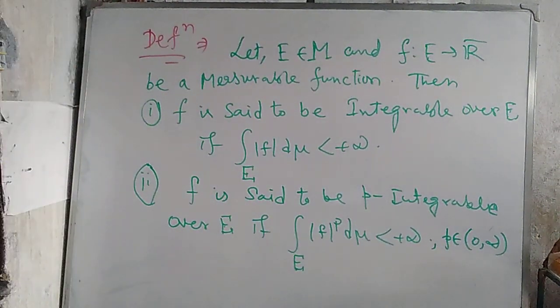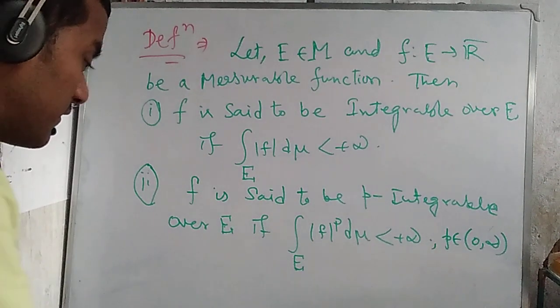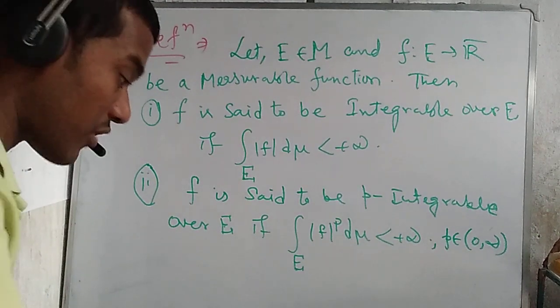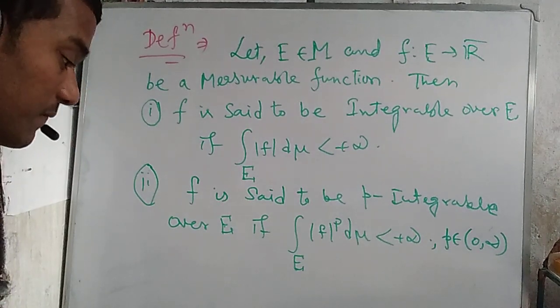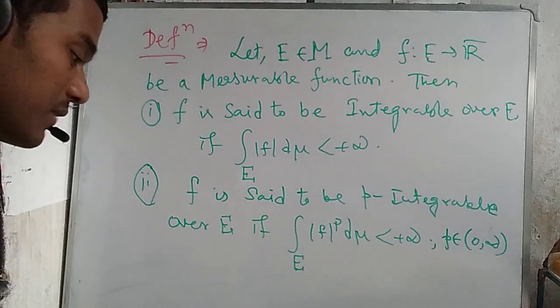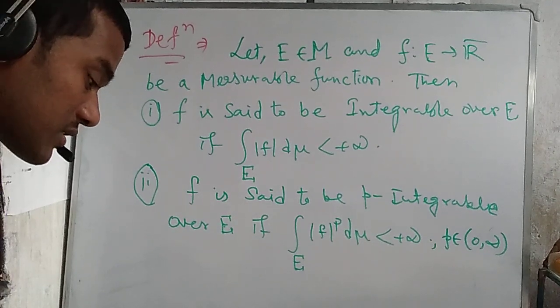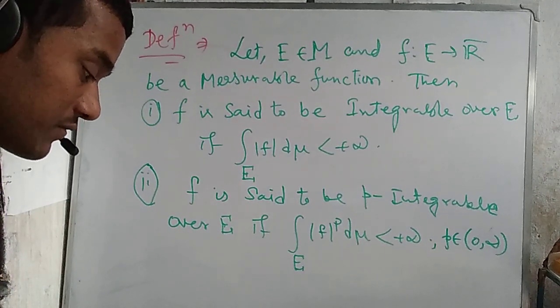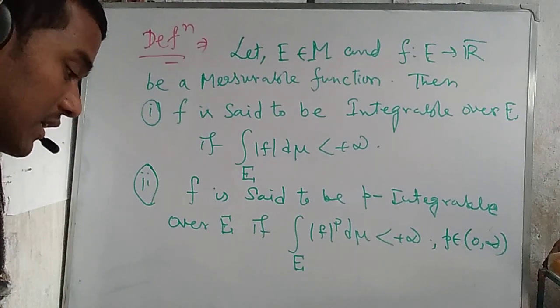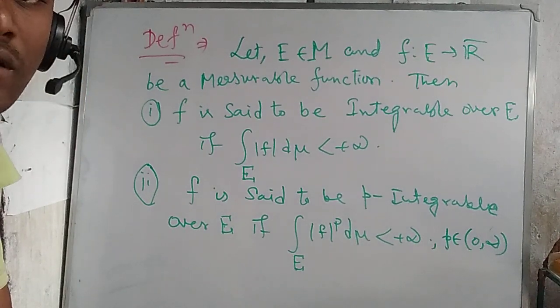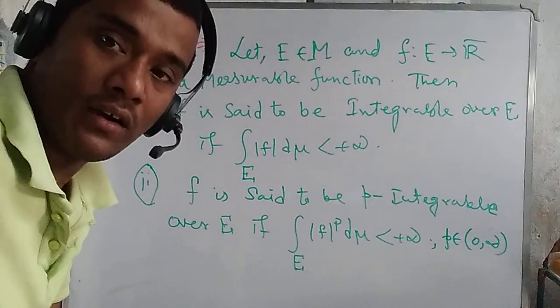Then we stop today. We discussed many definitions: definition of measure, outer measure, measurable set, measurable functions, characteristic functions, simple functions, integrability of simple functions, integrability of functions over E, and positive functions, negative functions, modulus of a function represented by positive and negative functions, and then the definition of integrable and p-integrable functions.